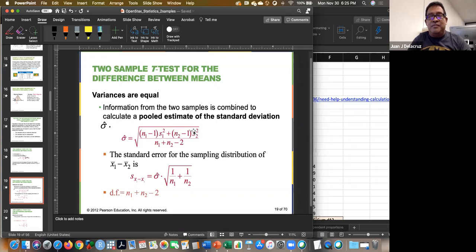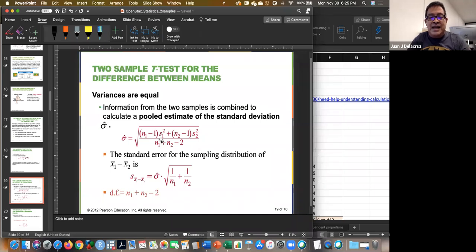So we have degrees of freedom times the variances in the samples, and that is going to be divided by n1 plus n2 minus 2. That is the degrees of freedom for this sample, the degrees of freedom for this sample, and this is going to be the degrees of freedom for the whole experiment. You are going to see what I mean by that, so we have to be very vigilant for that.